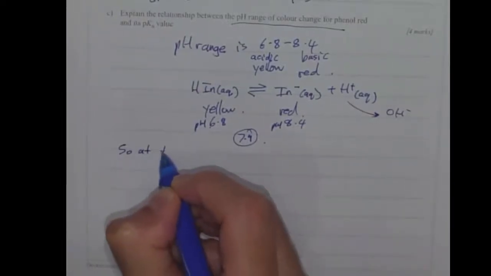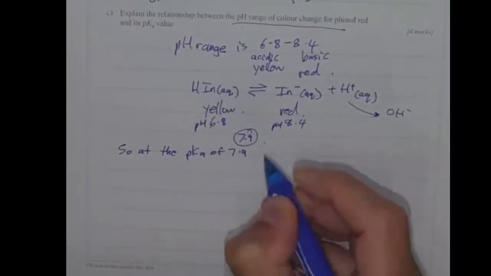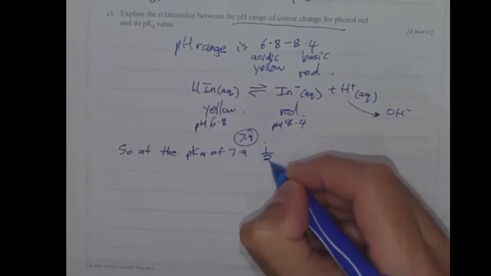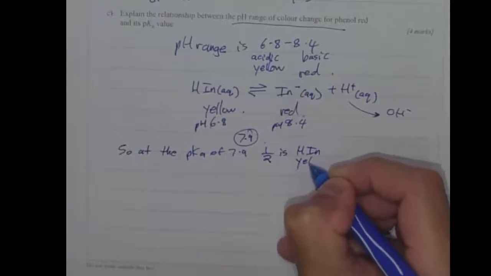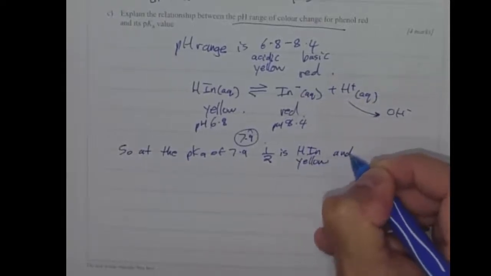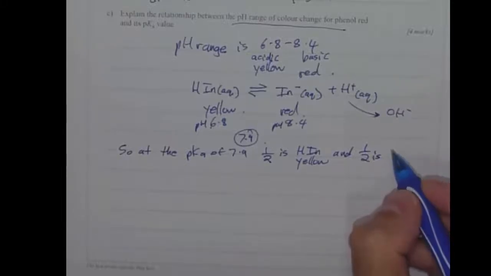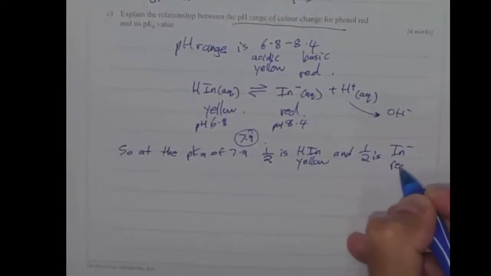So at the pKa of 7.9, half is HIn yellow, and half is In minus red.